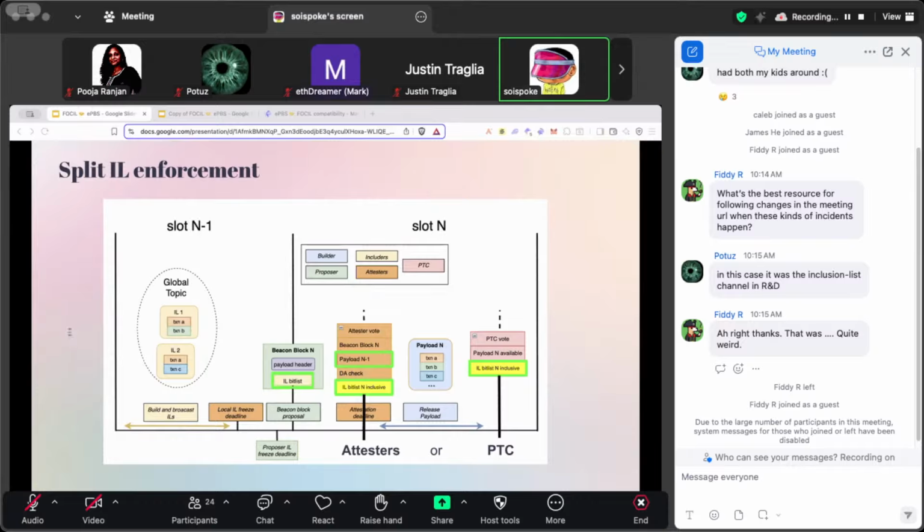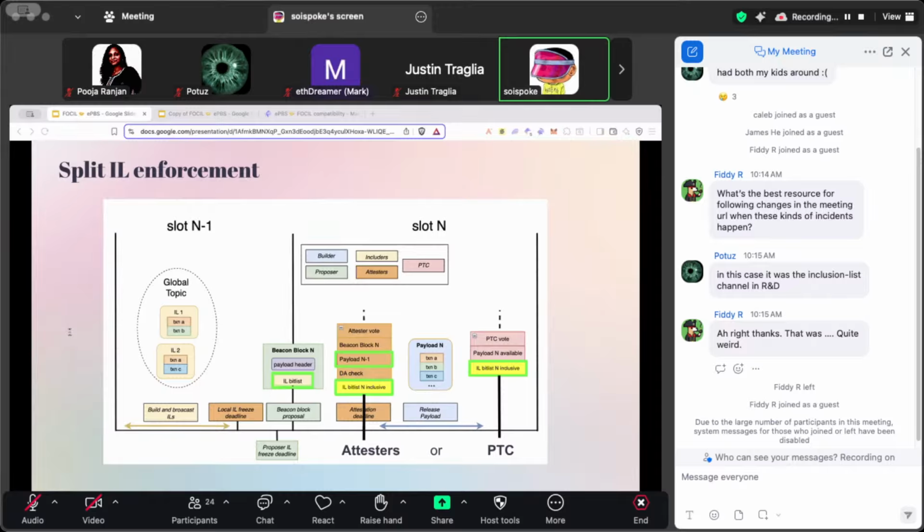So you can do it two ways. Either you actually use the attesters of slot N. The attester will just verify whether the IL bit list matches their local frozen view before attesting. And so the primary advantage of doing it this way is that it leverages the entire beacon committee and not a subset of it with the PTC.